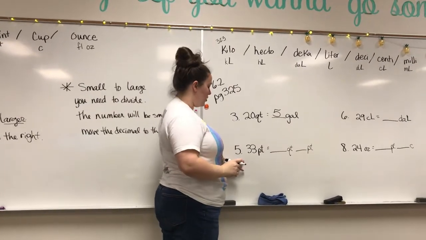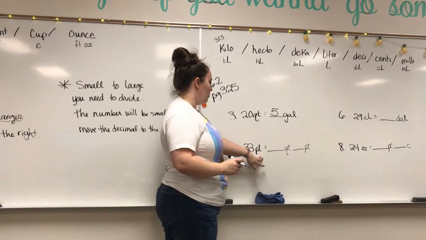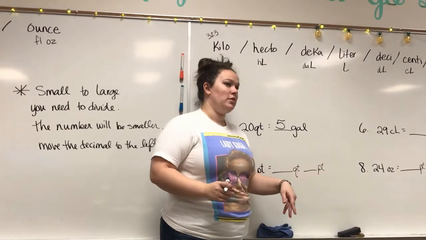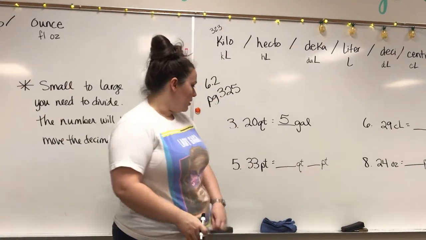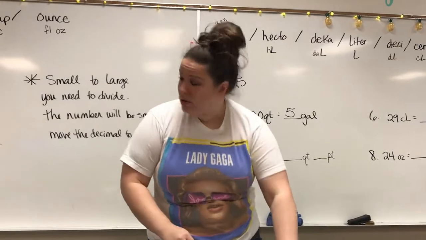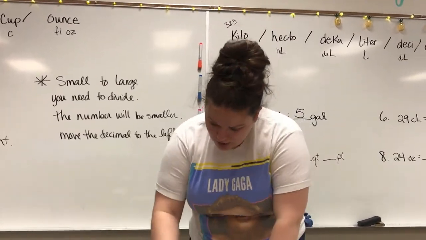to question number 5 on page 325. 33 pints is equal to how many quarts, and then how many pints are left over. Okay, so we need to know how many pints are in a quart. Again, I would go to page 321.